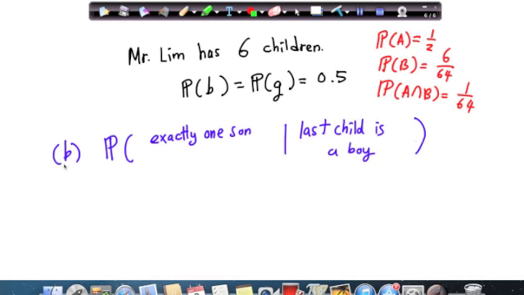Okay, in part B, we want to find the probability of having exactly one son, given that the last child is a boy.